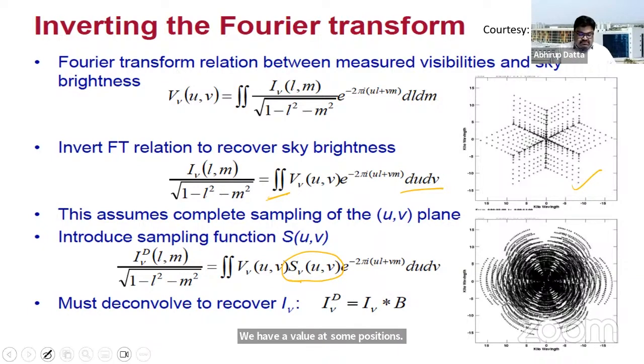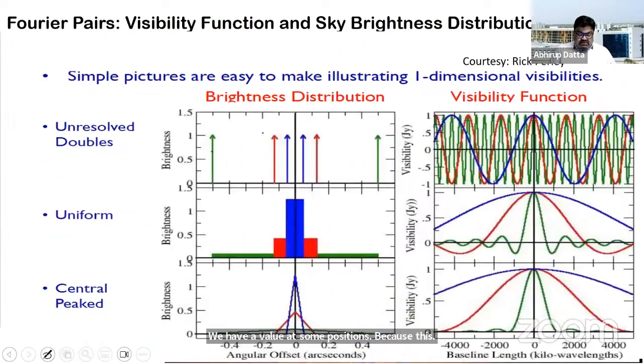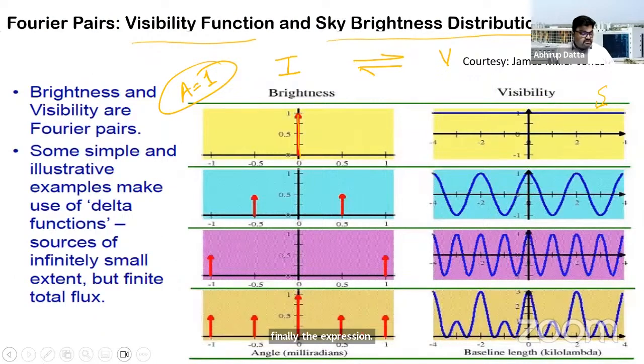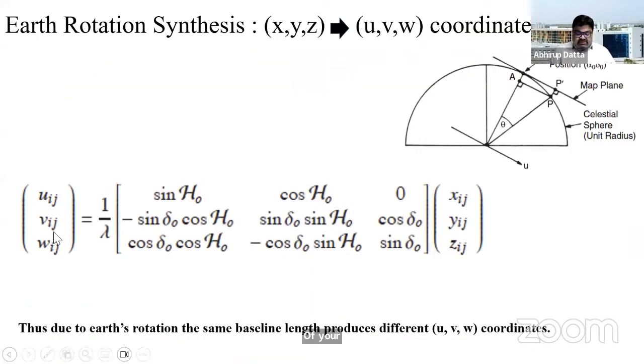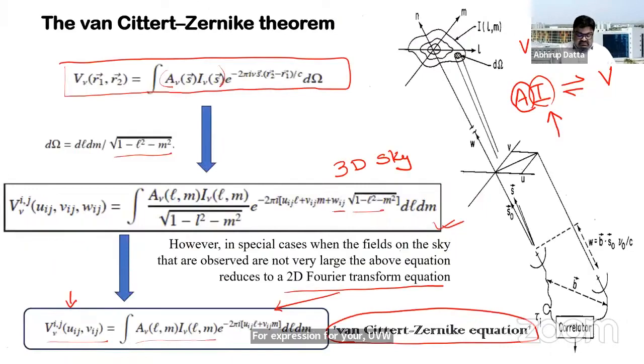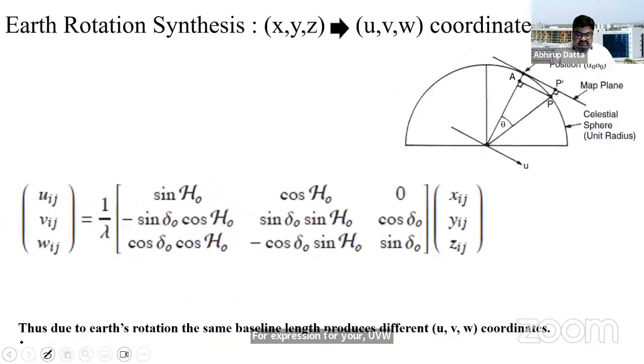Because finally, the expressions for your UVW are fixed. Okay, they do not have all possible values. Given a set of x, y, z, we have multiple UVW, but still not all values, because it can only produce some set of UVW for all possible hour angles.